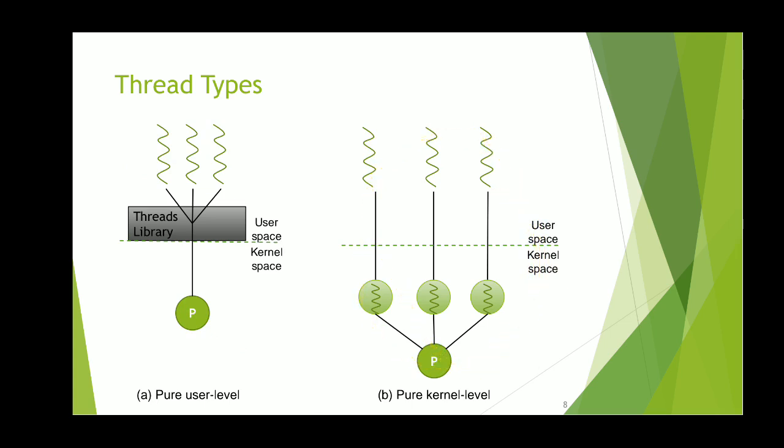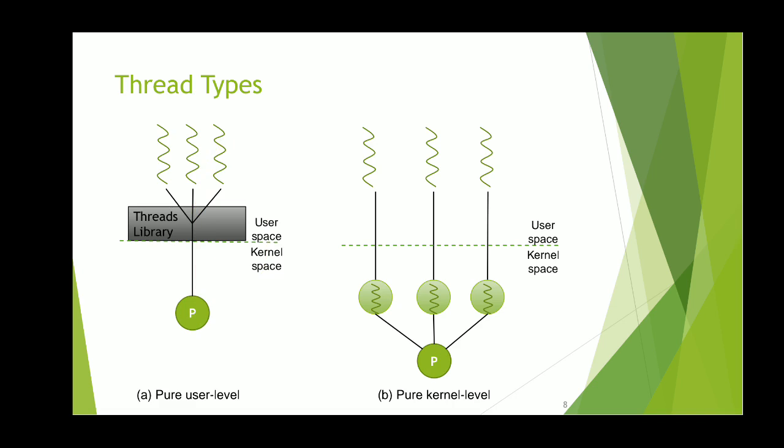And in the first diagram, the top portion is the user space and the bottom portion is the kernel space. And the thread is created at the user space. So the kernel doesn't have any knowledge about this thread. So the kernel thinks of the entire program as a single thread.